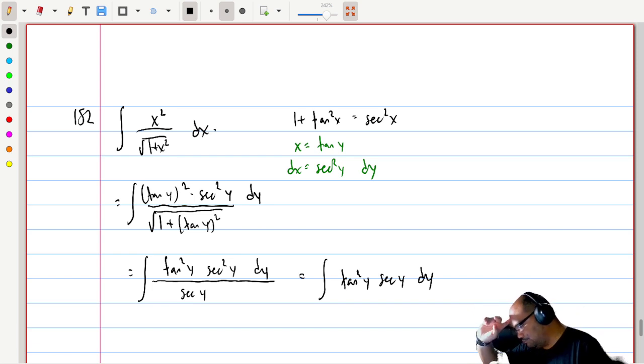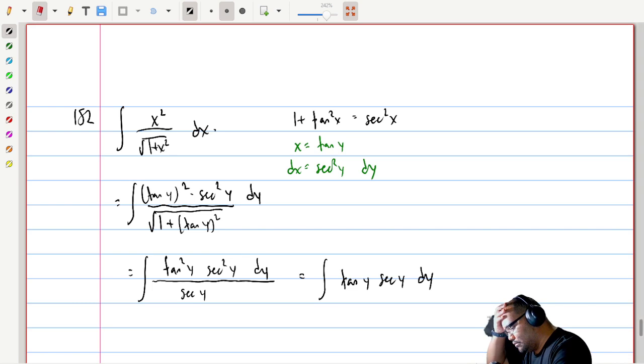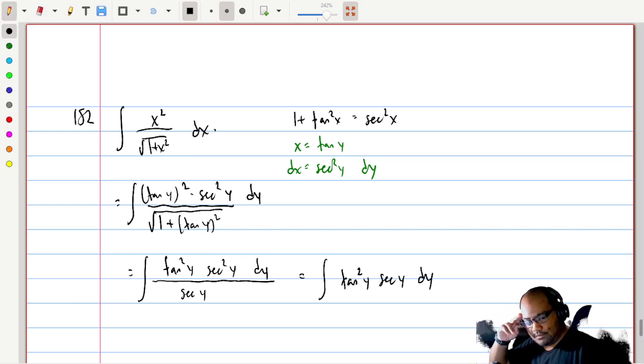Okay. I can write tangent squared as secant squared minus 1. I have to integrate secant cubed.